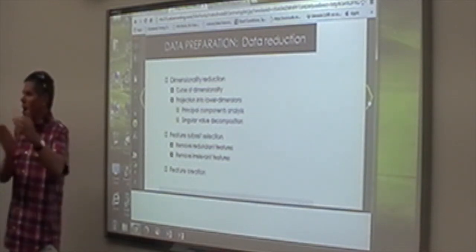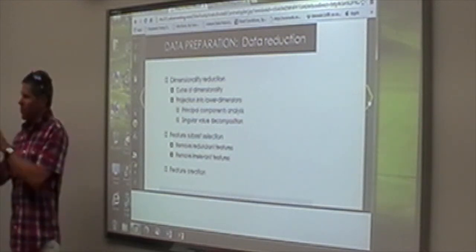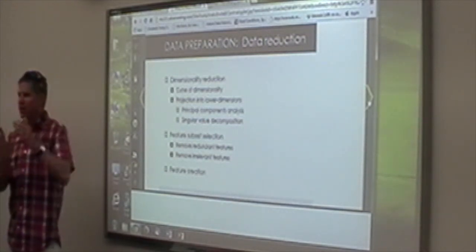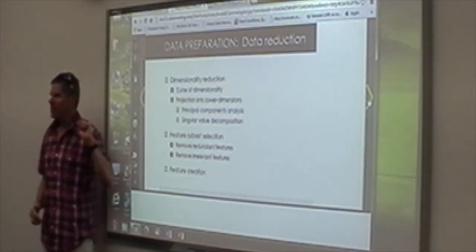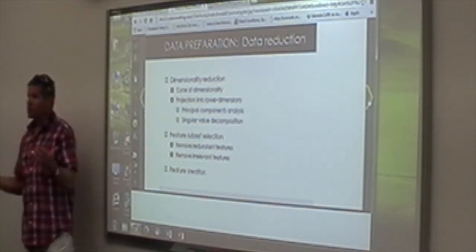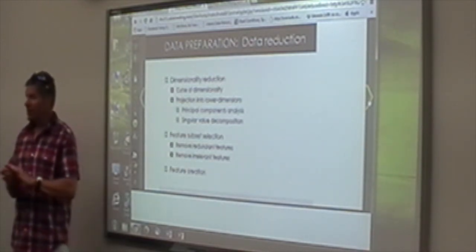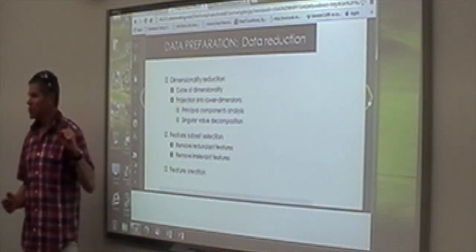Am I looking at weight, height, or gender? Those would be your attributes. And how many of those you're considering is called the dimensionality. Another thing we can do to simplify our data sets is to reduce our dimensionality.